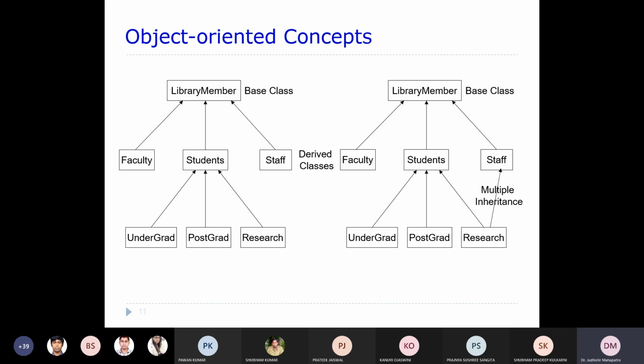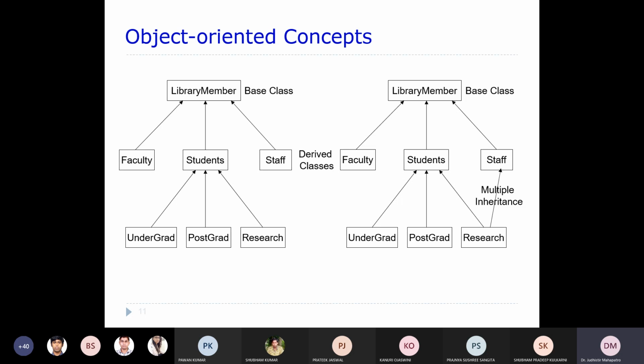Now on the right side you can see a research student who is a student as well as a research staff. So there is a research personnel who is a student, and also an employee who is part of the institute.